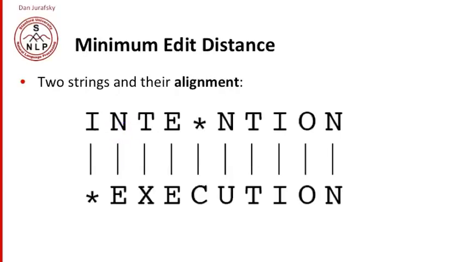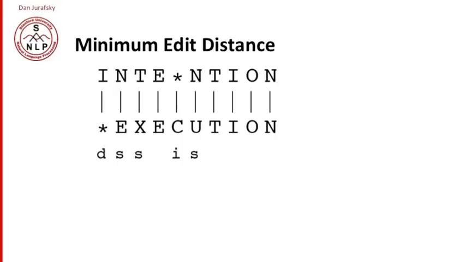Here's an alignment showing that many of the letters line up with some substitutions, and then there are some gaps, where a gap here lines up with a letter C in execution, and a gap in execution lines up with the letter I in intention, and so on. We can think about this alignment as having a set of operations that generated the alignment.